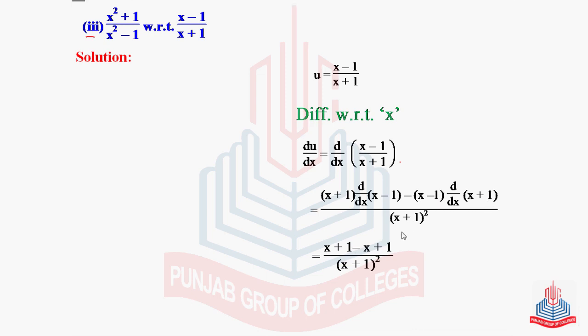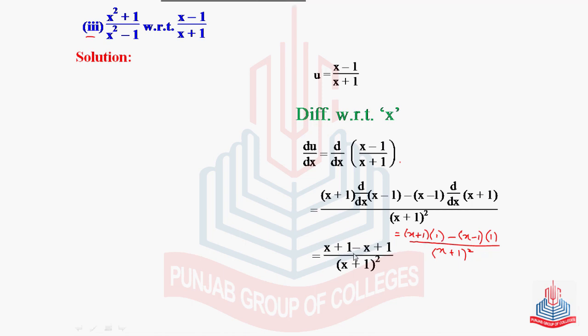Actually, here we have x plus 1 and the derivative of x minus 1 is 1, because the derivative of 1 will be 0, minus, and here we have x minus 1 as it is, and the derivative of x plus 1, the derivative of x will be 1 and the derivative of 1 will be 0, so again we have 1, whole divided by (x plus 1) whole square.